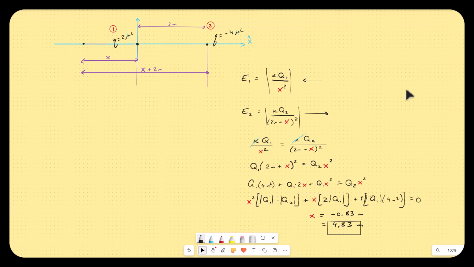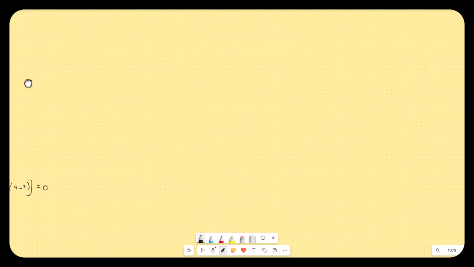That's how I find electric fields. I can do one more thing with them. I have a charge here, let's say positive 2 microcoulombs.